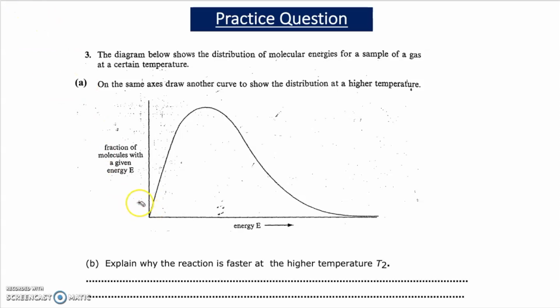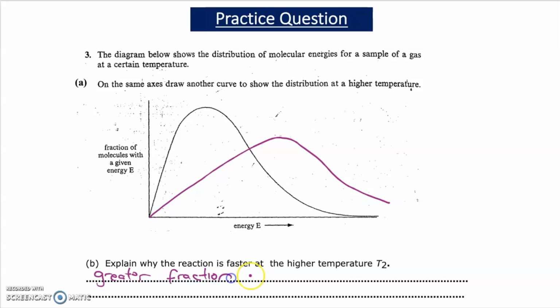Now this question asks you what happens at a higher temperature. At a higher temperature, the average molecular energy will increase. So when we sketch the curve at a higher temperature, the distribution flattens and the peak moves to the right and has a lower height.